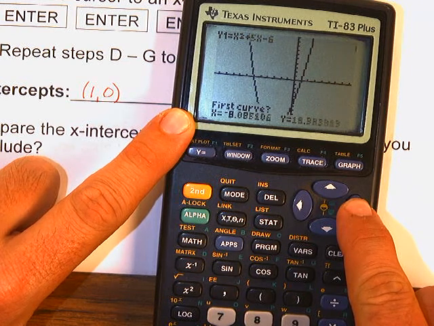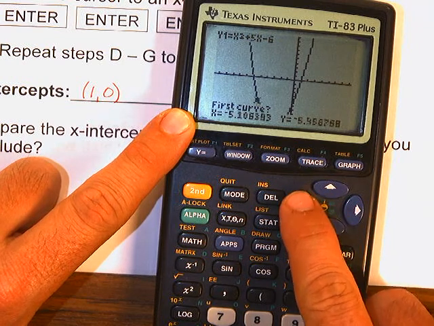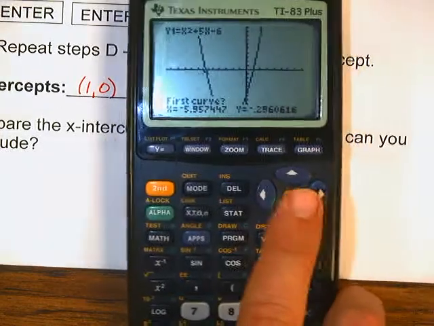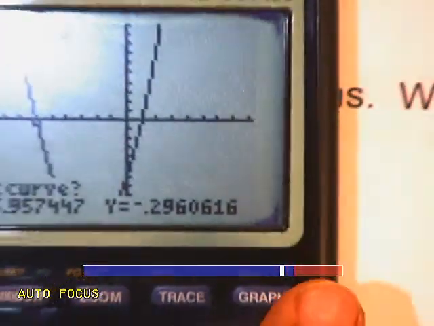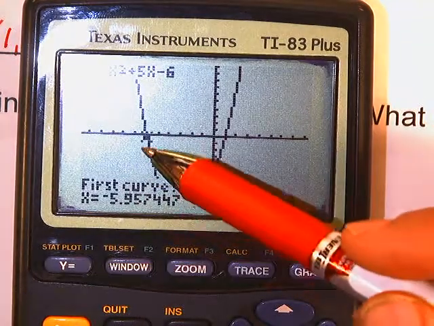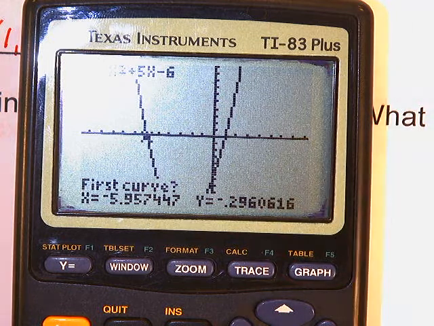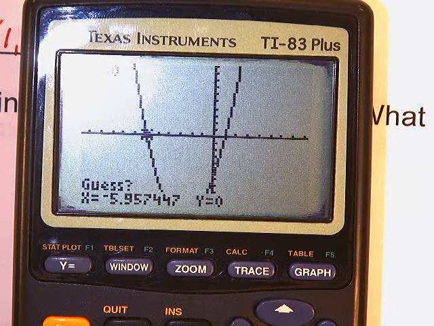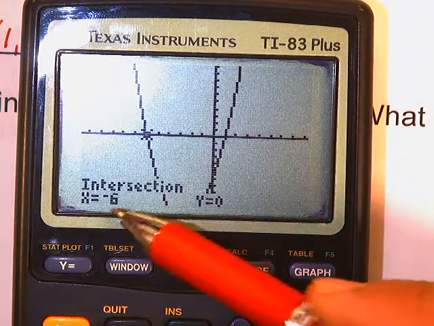I'm going to back up. Oh, there it is. Now I have it close. Let me zoom back in. I have the cursor right here. Once my cursor is there, or close to there, hit enter 3 times. 1, 2, 3. The other intersect is at -6, 0.